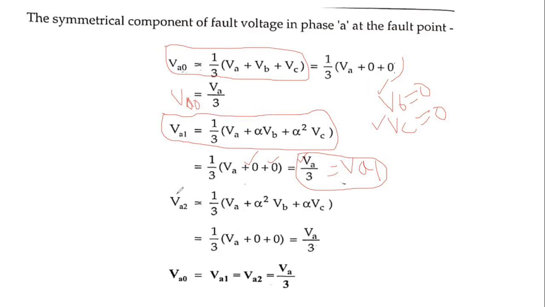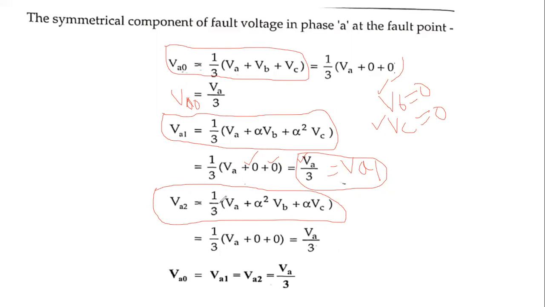Next we write down the negative sequence voltage, that is VA2. What is the formula for the negative sequence voltage? VA2 is equal to 1 by 3 into VA plus alpha square into VB plus alpha into VC.